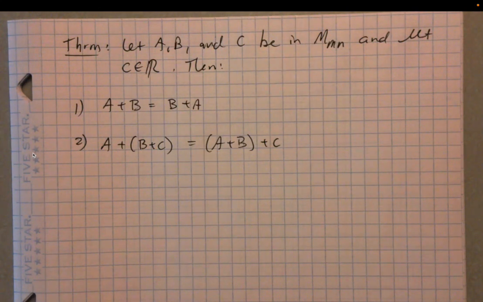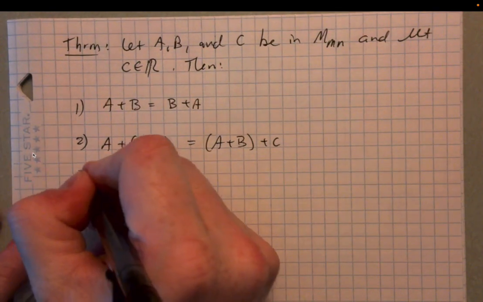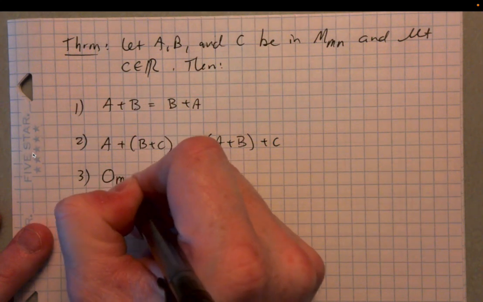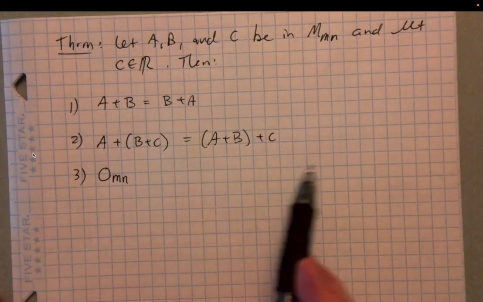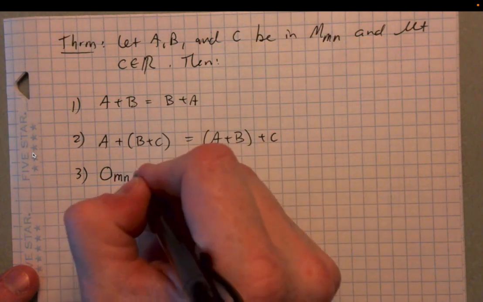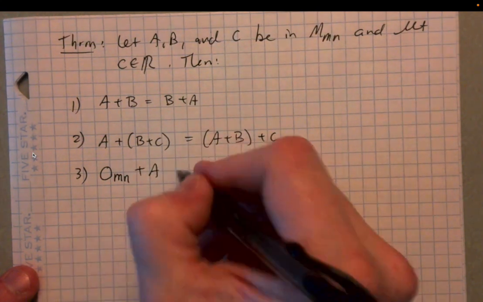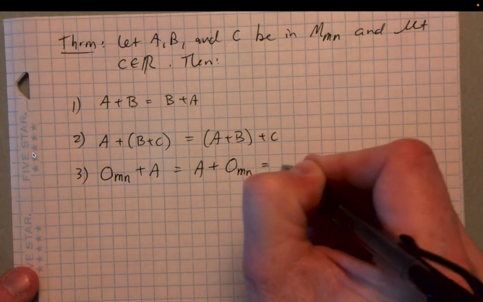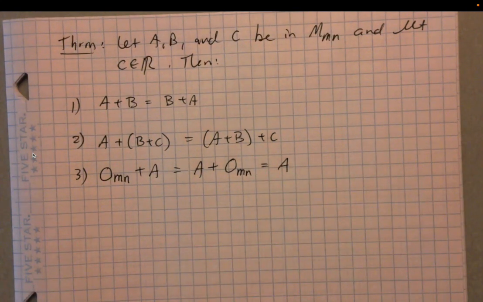And we do have an identity element of addition as well. In particular, if I take the 0 matrix in M_mn and I add that to any A, then that commutes naturally and is equal to A. So there is a matrix that I can add to any A to not change A, that will result in no change to the entries of A, and that's the 0 matrix.